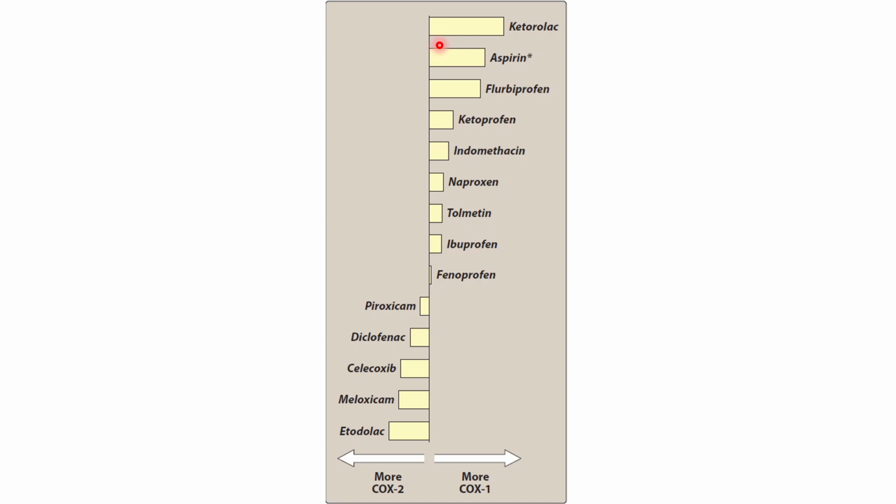But the side effects are also higher than seen with other NSAIDs, like for example ibuprofen. Even ibuprofen in high doses can lead to severe GI bleeding and ulcer development, and ketorolac is even more prone to that.